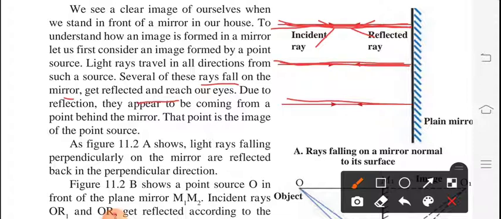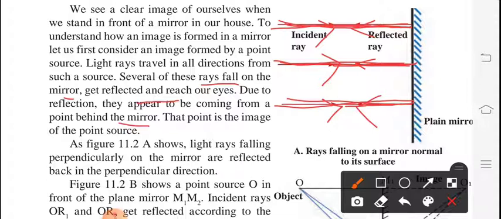This is the incident ray which is falling on the surface of the mirror and it is getting reflected back. Here also an incident ray falls on the mirror and reflects, coming back the same way. Due to reflection, they appear to be coming from a point behind the mirror.